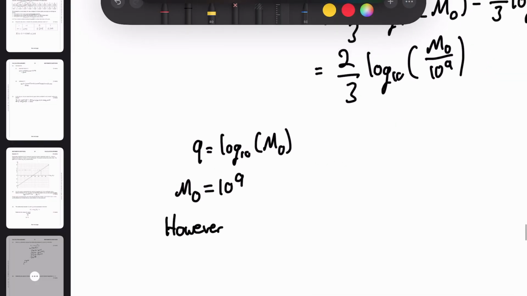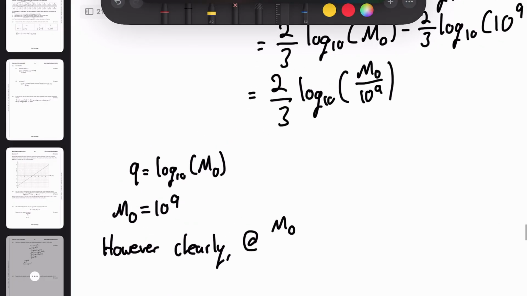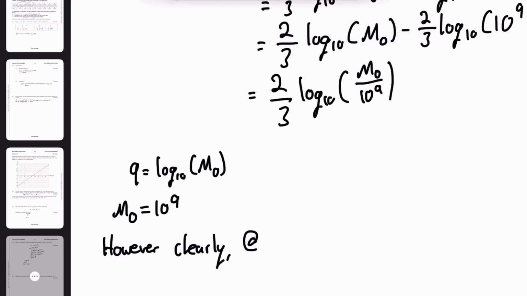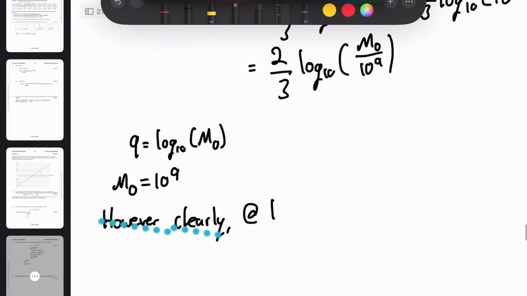However, clearly at this point, log 10 of m0 equal to 9, mw is equal to 0.